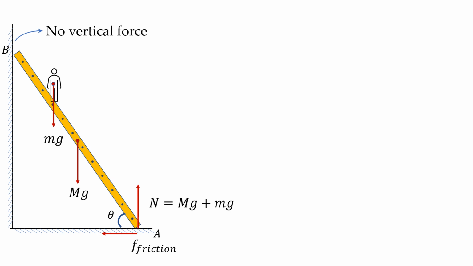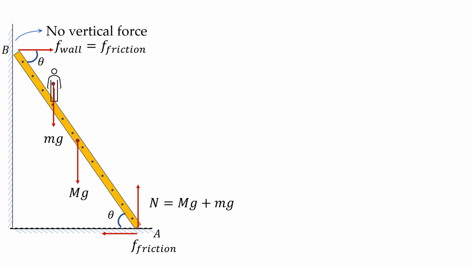Therefore, the force from the wall will counteract the force of friction so as to make the net force zero. Actually, the force from the wall is a normal force. Normal force just means force perpendicular to the surface.